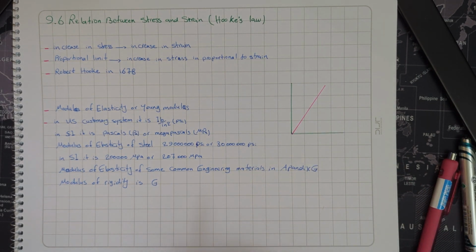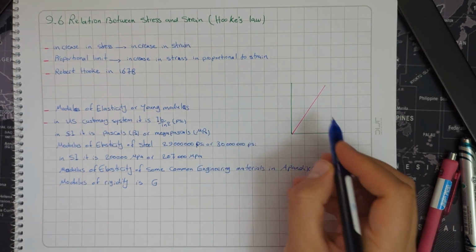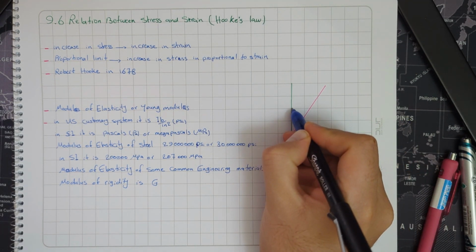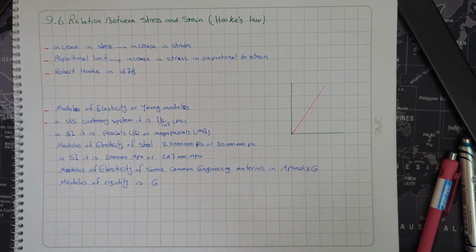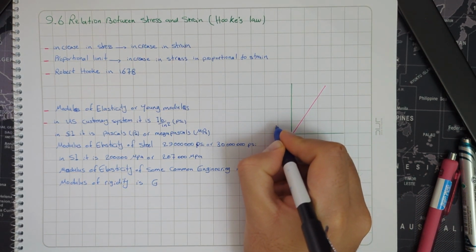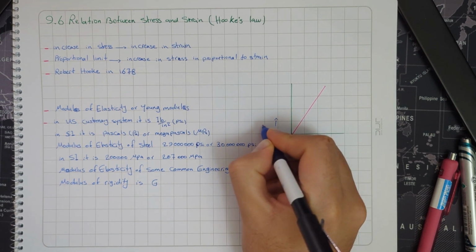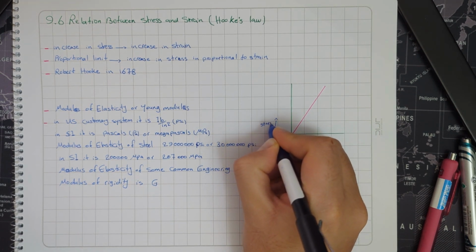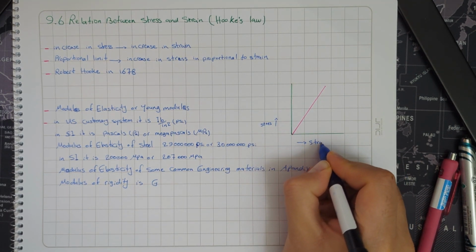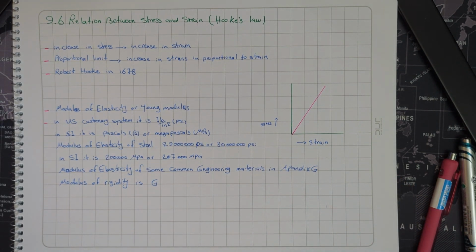So what does this mean? It means that, for example, if we have a force P put on a material, for example on a steel, it causes a stress and it causes strain.